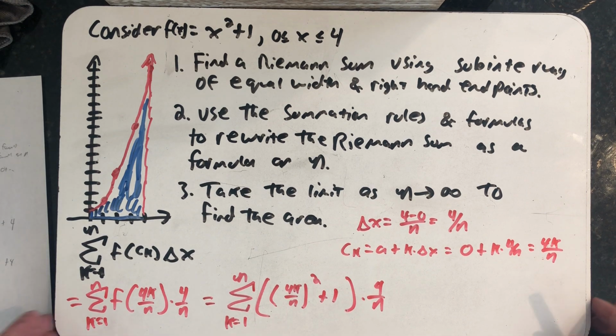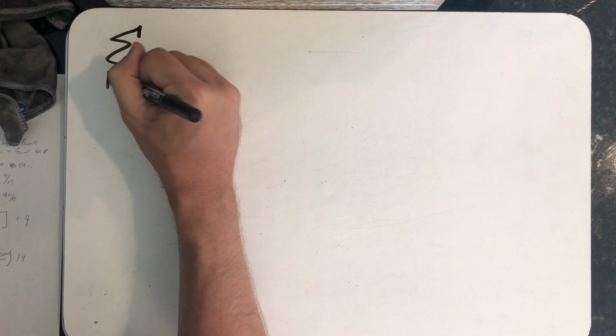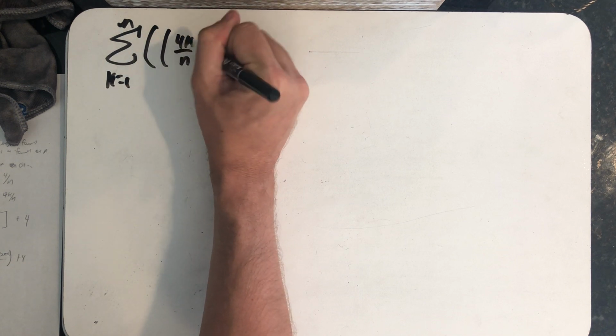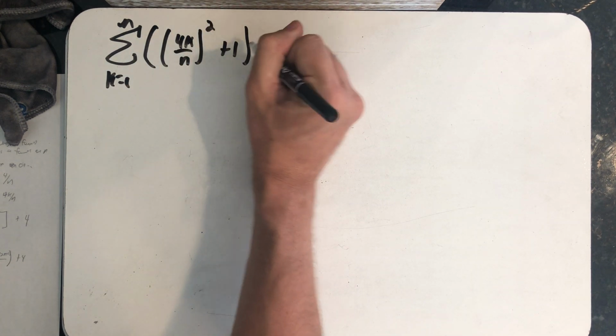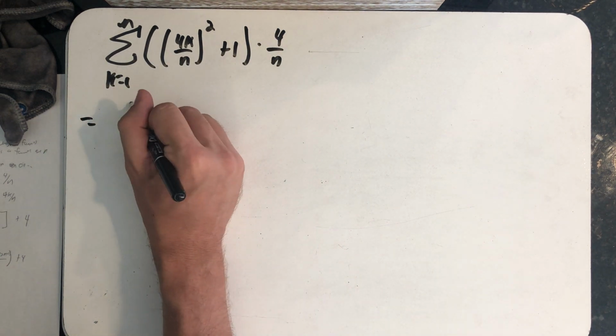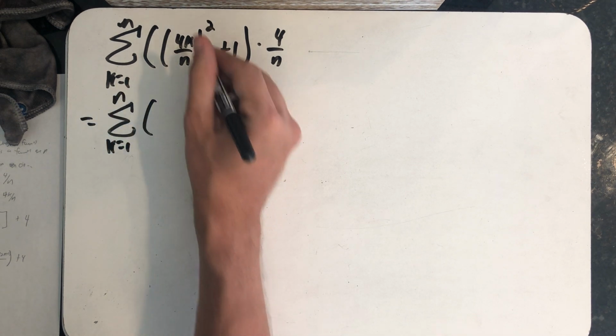So I'm going to work on that on another board. I have the sum from 1 to n of 4k over n squared plus 1 times 4 over n. So let's simplify what's on the inside of my summation. I'll go and square this.